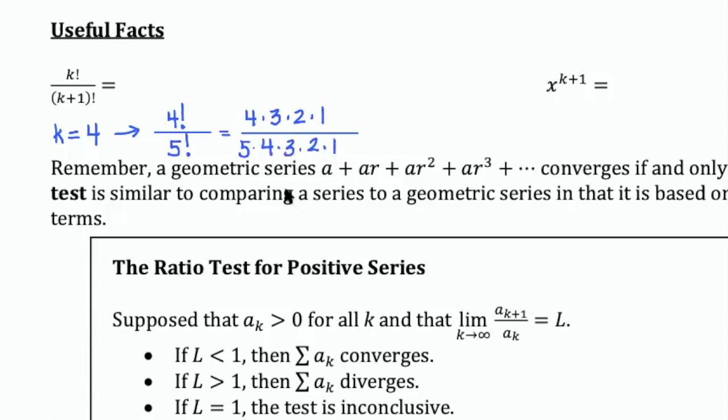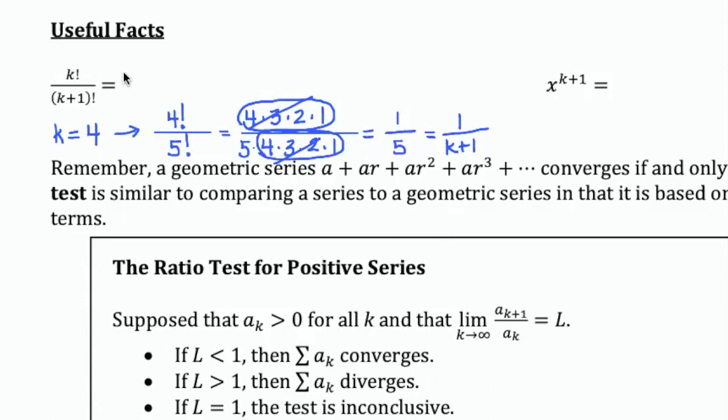What you'll notice is that 4 factorial is actually contained within 5 factorial. So we can cancel all of those factors out, leaving nothing in the numerator except for 1. And the denominator is 5, which is the same as k plus 1.